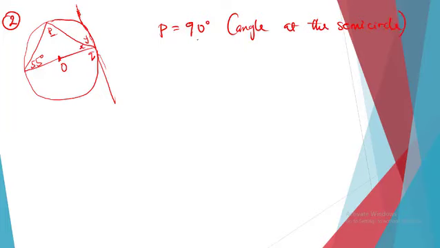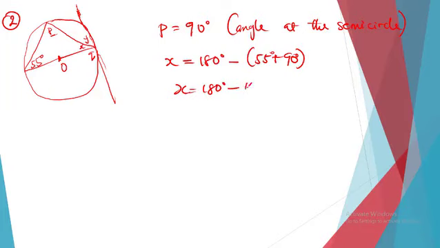Angle at semicircle is equal to 90 degrees. And then you will agree with me that X is equal to 180 degrees minus 55 plus 90. Okay, so we have X equal to 180 minus 145, and that will give us 35 degrees. That's the value of X.